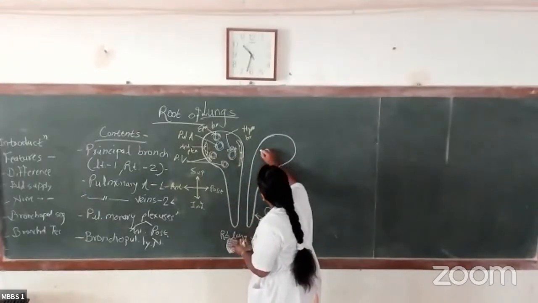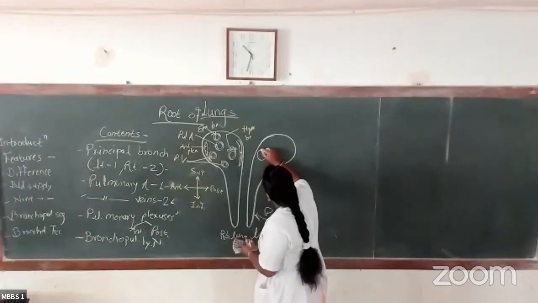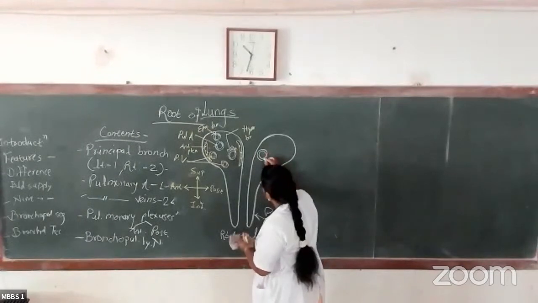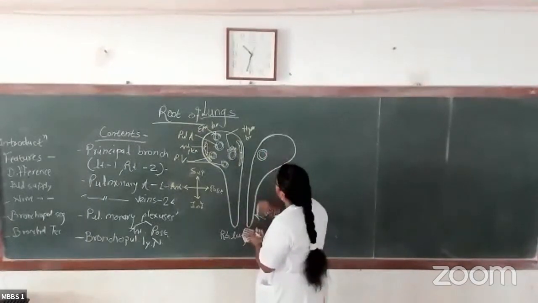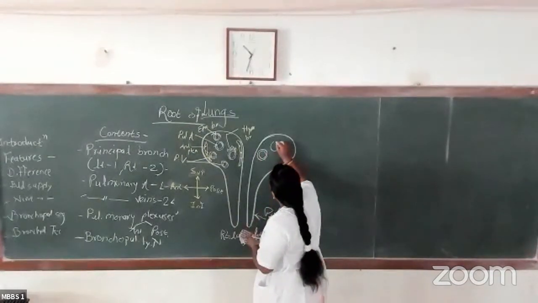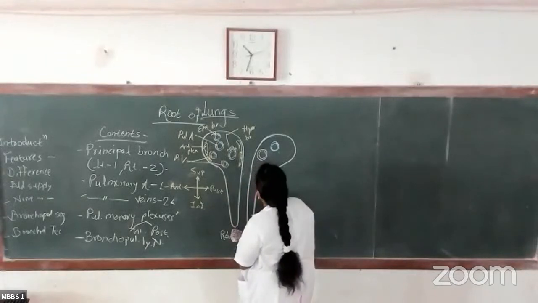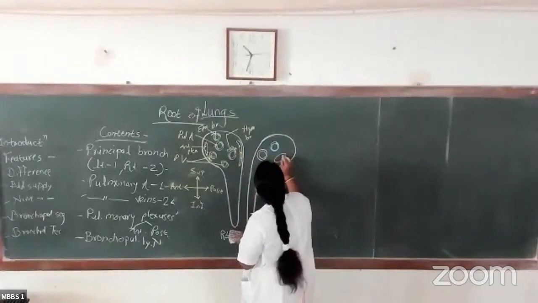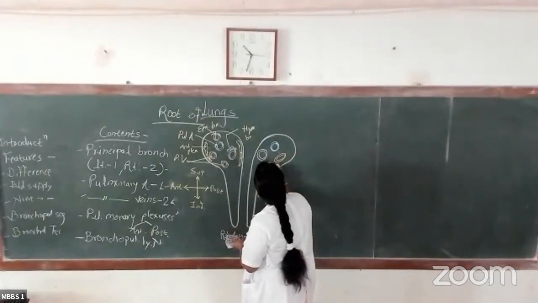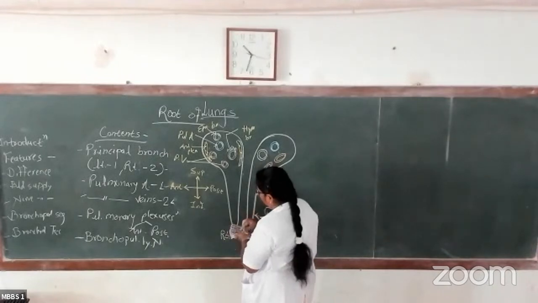In case of left lung, there is only one principal bronchus which is present posteriorly. Superior to that, there is one pulmonary artery. Again, there are two pulmonary veins, superior pulmonary vein and inferior pulmonary vein.